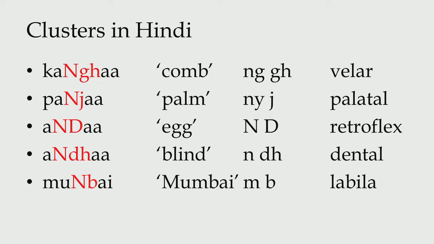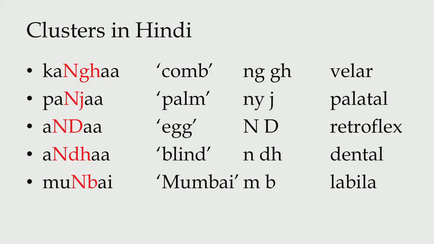Now, what I am indicating with the capital letter N is the place for nasals. That is the place for a nasal consonant. And what is the nasal consonant in these places?